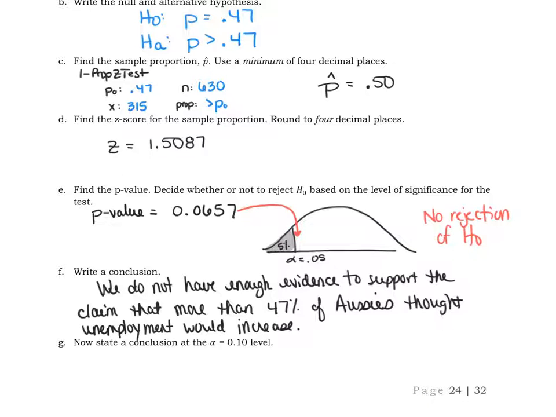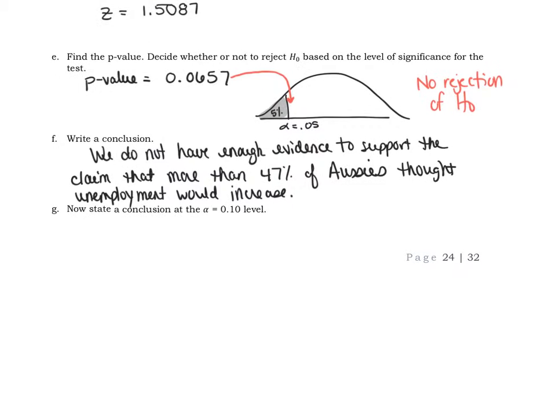Now, just to make a comparison, state a conclusion at the 10% level of significance. I'm going to grab a different color here, a bluish color, and draw on the same diagram. The 10% level of significance would be here, bigger than that 5% level of significance.